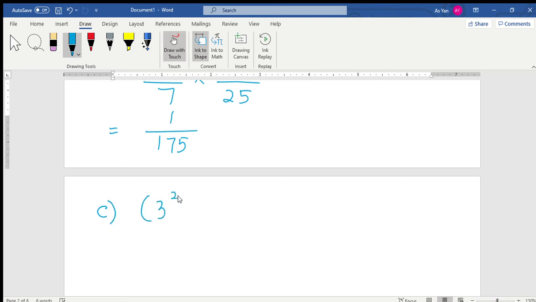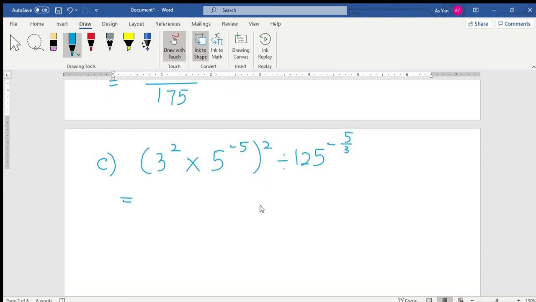3 square multiply with 5 to the power of negative 5 square, divide 125 to the power of negative 5 over 3. Okay, we solve 3 square 5 to the power of negative 5, but the problem is 125, so we change 125 to base 5 so that we can simplify it.